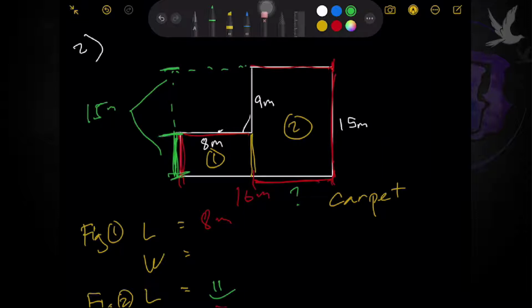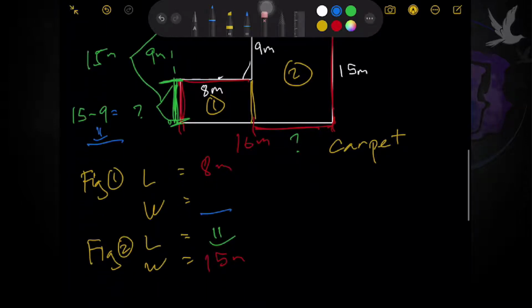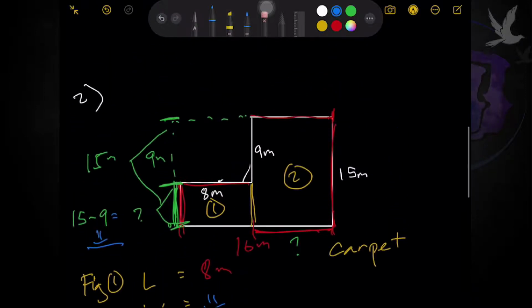But part of it is equivalent to 9 meters. So for us to be able to solve for this, we need to remove 9 from 15. And once doing so, you'll be able to get your answer for the width for figure 1. So, same lang din to kanina.